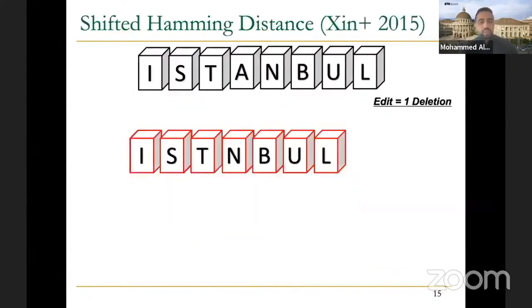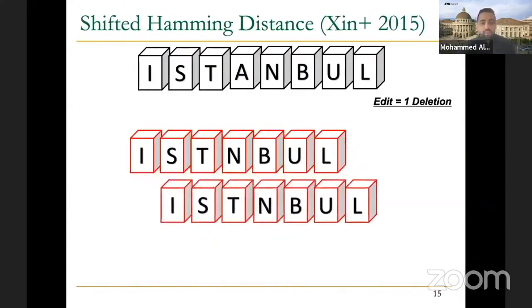So here, what we'd like to have as a workaround to solve this problem is a second version of the modified word, which is Istanbul without the A, but shifted to the right by one step.